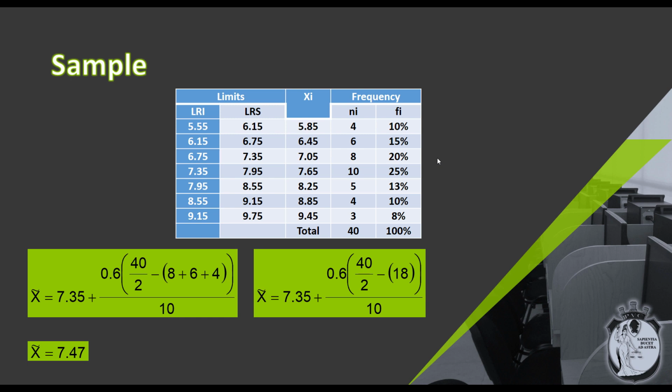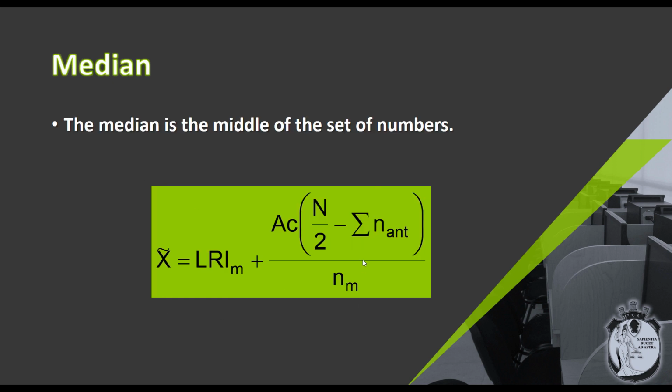So you use the formula. First you select which is the median class, or the middle of the data. Then you choose the lower real limit.